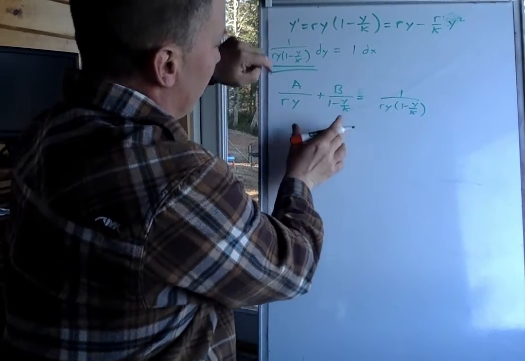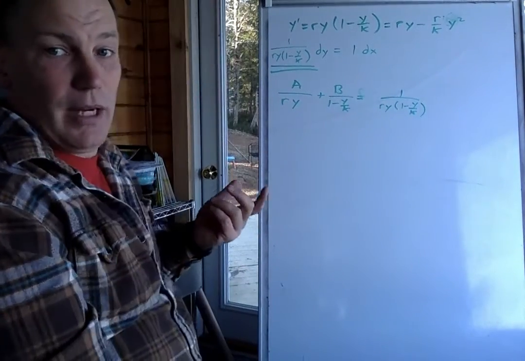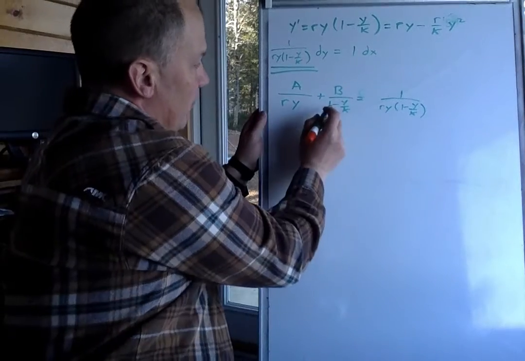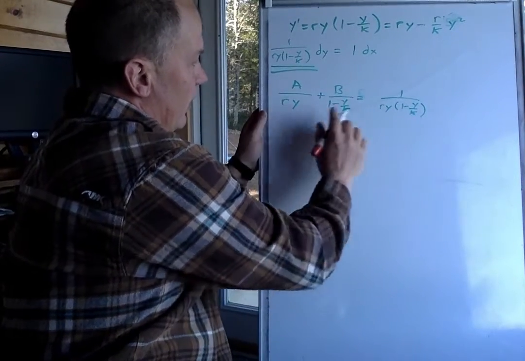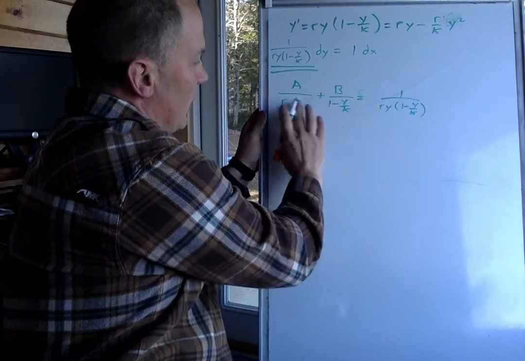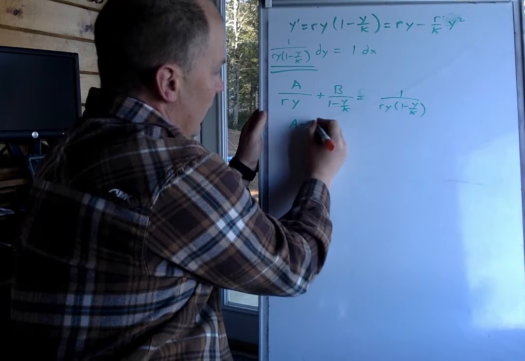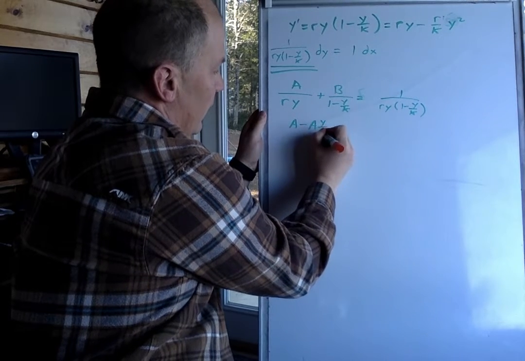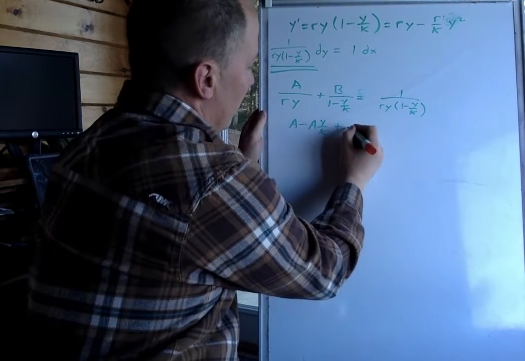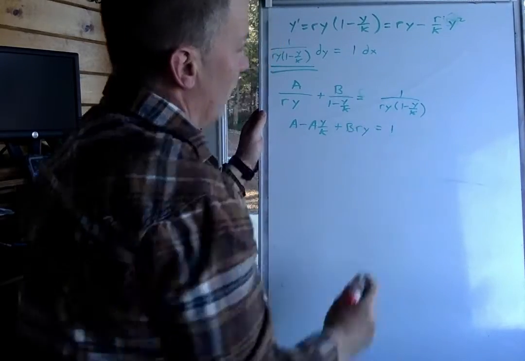So I'm rewriting this to be this, and that has to equal that. Now we can multiply this by this and that by that and say that the whole thing equals 1. So I'm going to multiply and distribute at the same time. I'm going to get a minus ay over k plus bry equals 1.